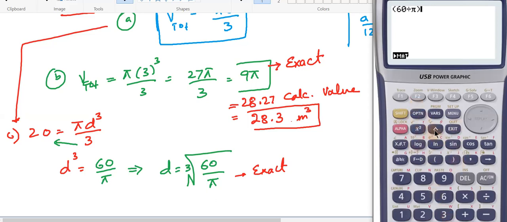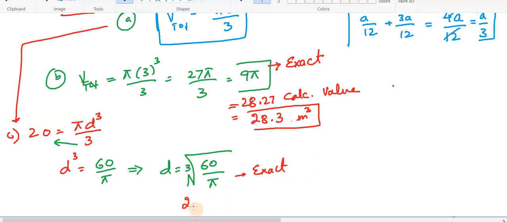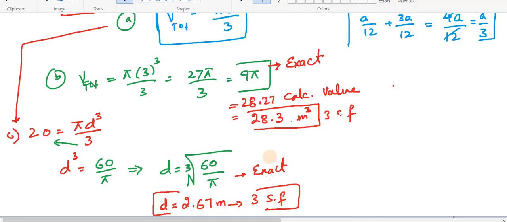And how do you insert this power? It's to the power, this caret button, and you type 1 divided by 3. That will be counted as the power. And this gives us 2.67. 2.67, that is the diameter. So it's a single length, it's in meters. The diameter is expressed in meters, and that's correct to 3 significant figures. Thank you.